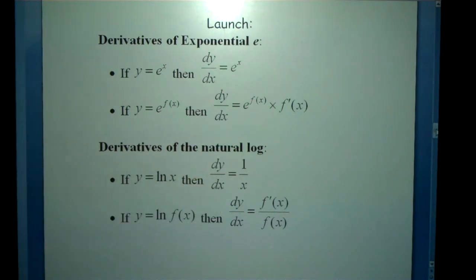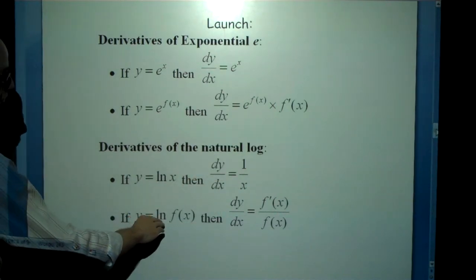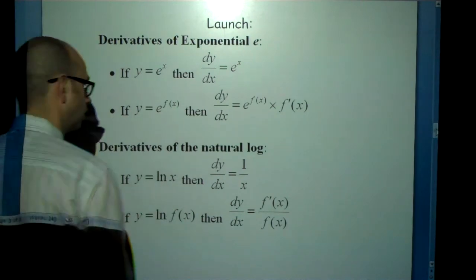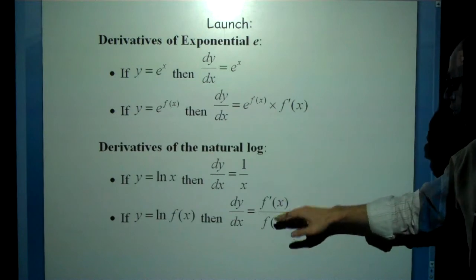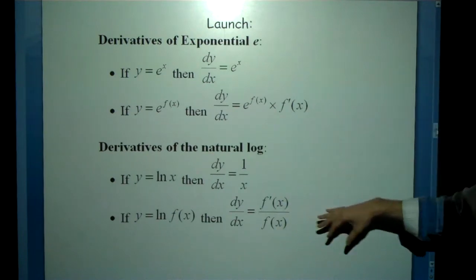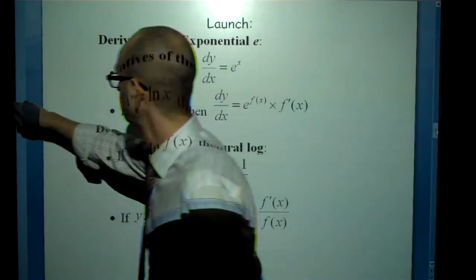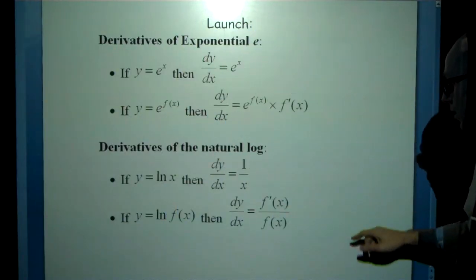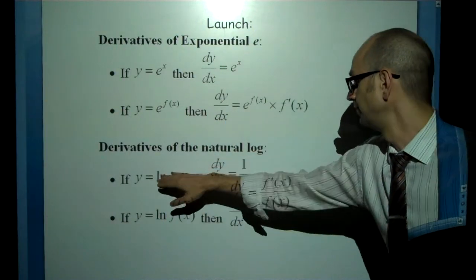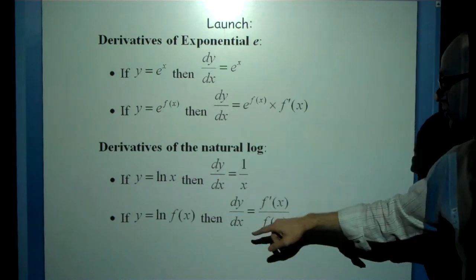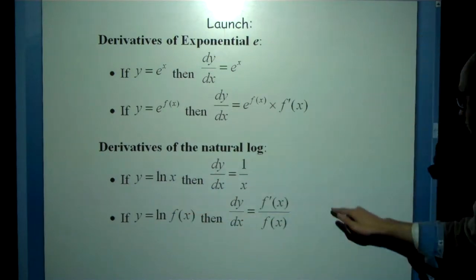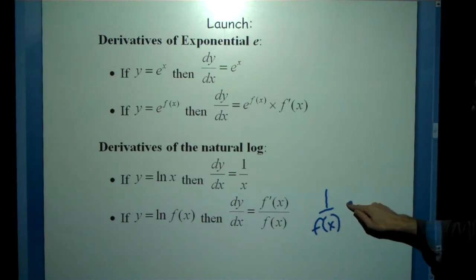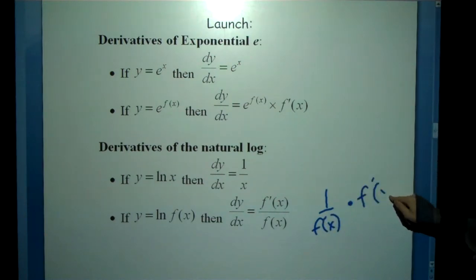And once again, if you have the derivative of the natural log of some function or some stuff, it's going to be 1 over that stuff times the derivative of that stuff. So let me rewrite this one here. Derivative of natural log is 1/x, so if I have natural log of some function, it's going to be 1 over that function times the derivative of that function.